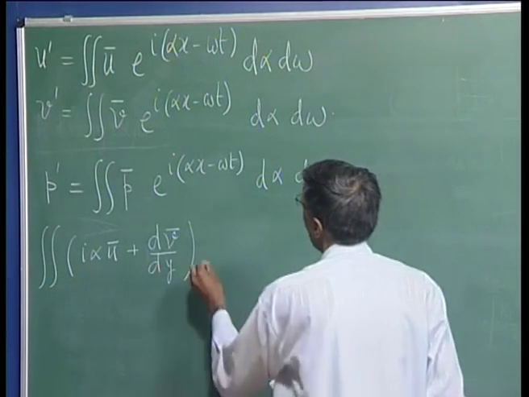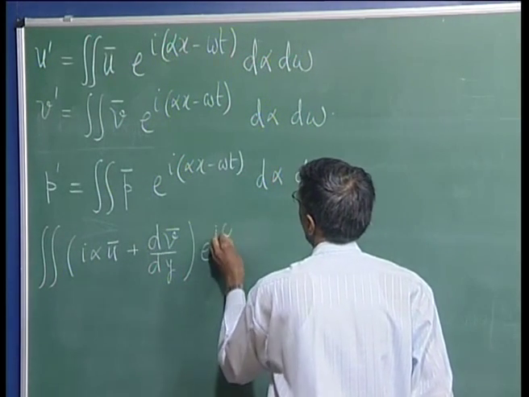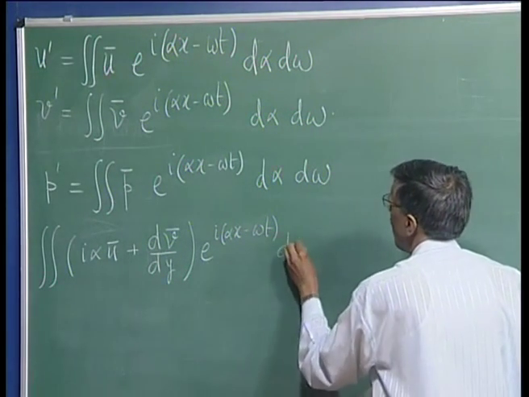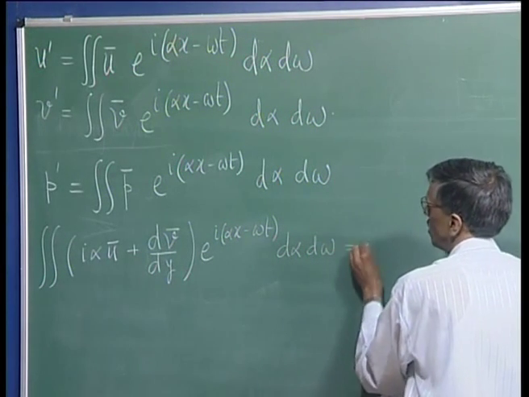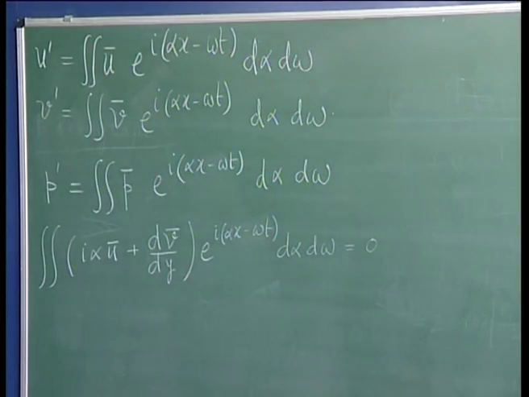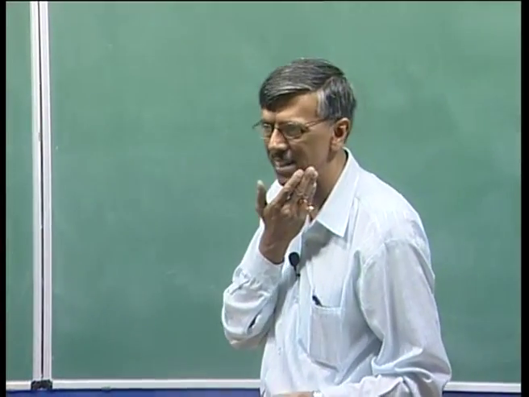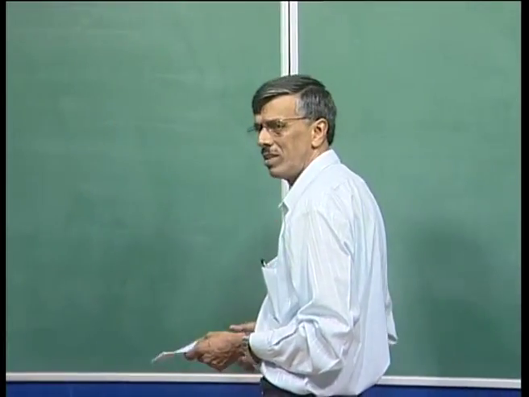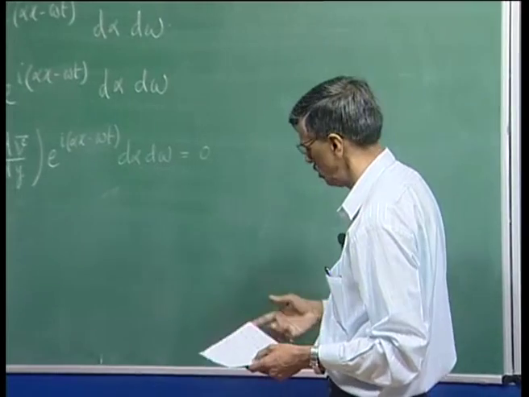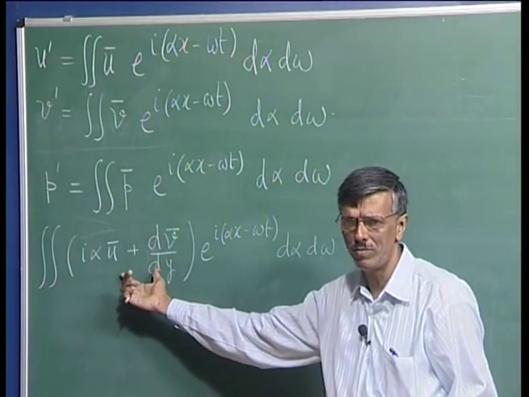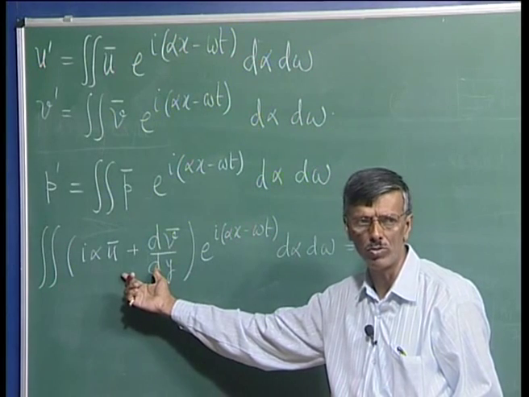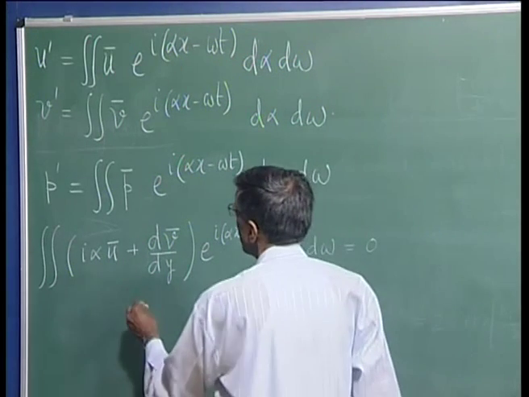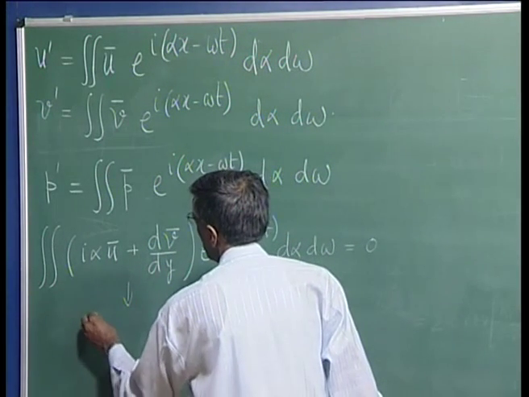And then we have all these quantities, alpha x minus omega t, d alpha d omega, this is equal to 0. The logic follows similarly: if that integral is 0 for an arbitrary space-time variation, then for this relation to hold, this quantity must be equal to 0 identically for all possible alpha and omega, right? So basically, this equation then comes out to this.